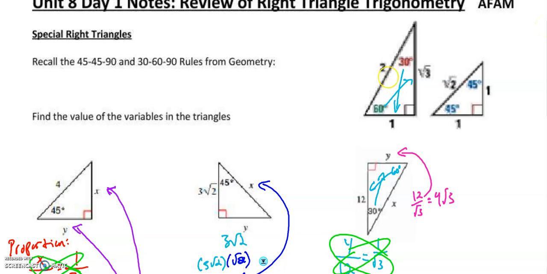So the way to get x, which represents the hypotenuse: the hypotenuse is 2 times bigger than the leg opposite of the 30 degree.